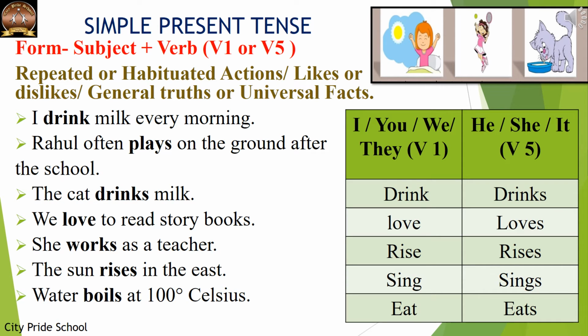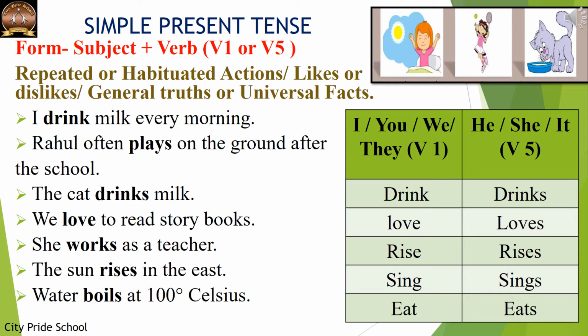Similarly, the cat drinks milk. We love story books. She works as a teacher. The sun rises in the east. Water boils at 100 degrees Celsius. So, the first three sentences talk about the daily routine actions and something that is done regularly, or the habituated actions.